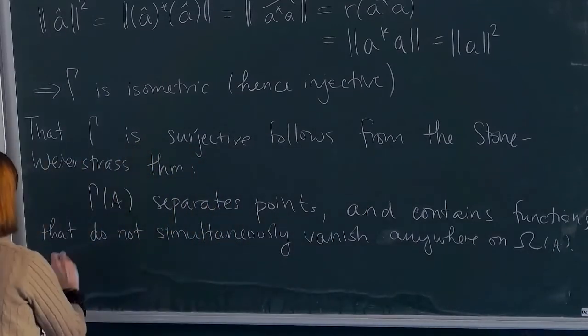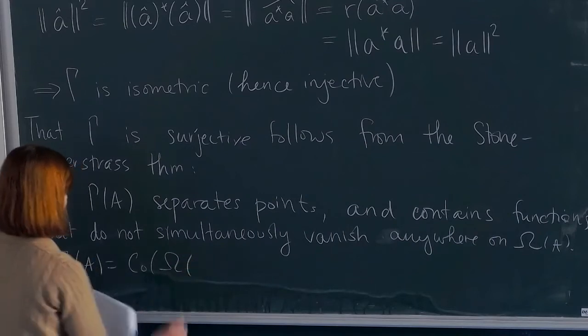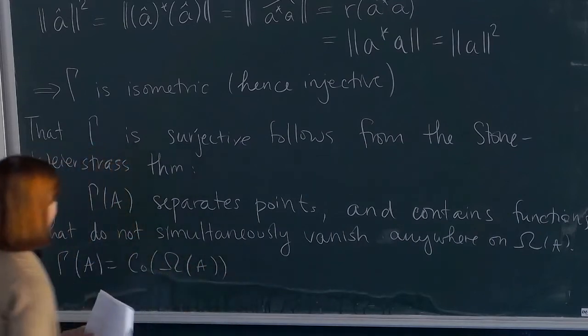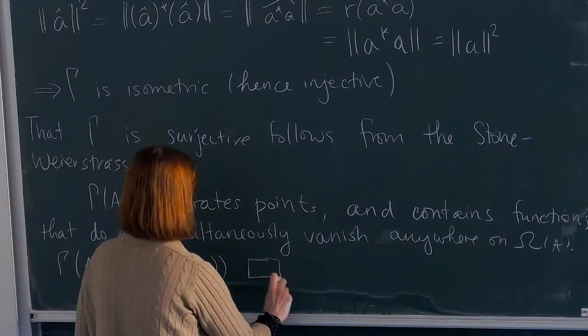So that tells us that indeed gamma of A is all of C naught of omega A, which is what we want.